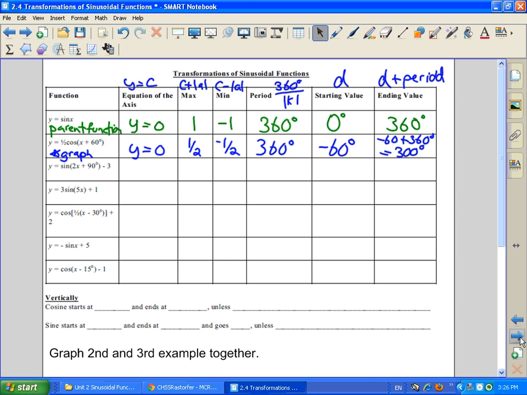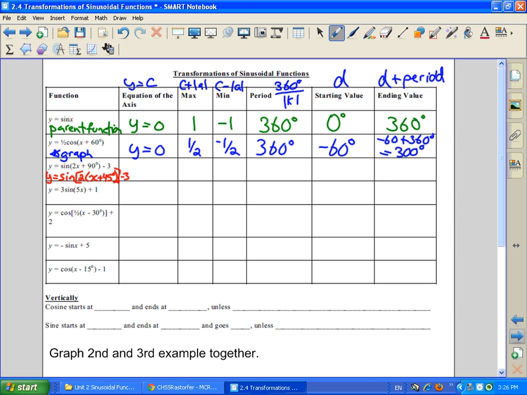All right. Next one, and this is the tricky one, folks. Take a look at the third one. Look to see if we can factor anything out, i.e. look for the K. Please look and see that the sign needs to be factored out too. So it's going to be x plus 45 degrees minus 3. Okay?